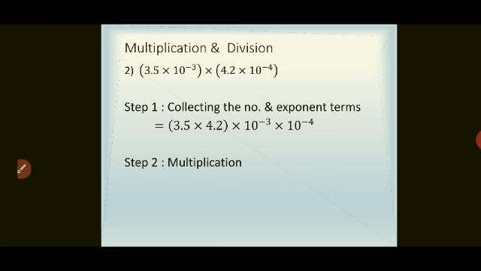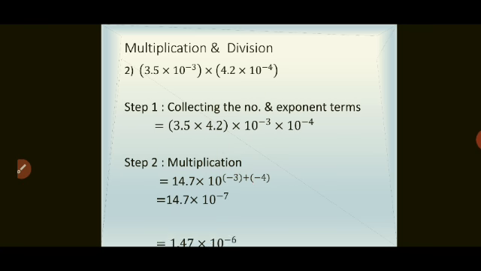Then multiplication, again the same, 14.7. Now here 10 to the power minus 3 and minus 4, both are having minus sign. So the exponent will come as minus, 3 plus 4 is 7. So 14.7 into 10 to the power minus 7.